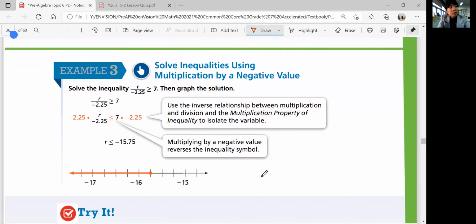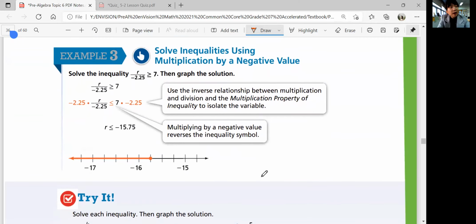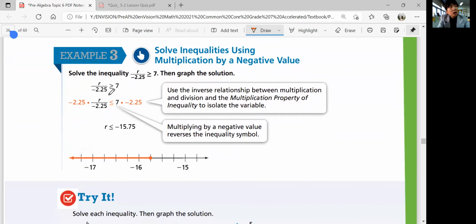Solve inequalities using multiplication by a negative value. So, if you have a variable divided by a negative number, in order to undo that, for example, this is another example: R divided by negative 2.